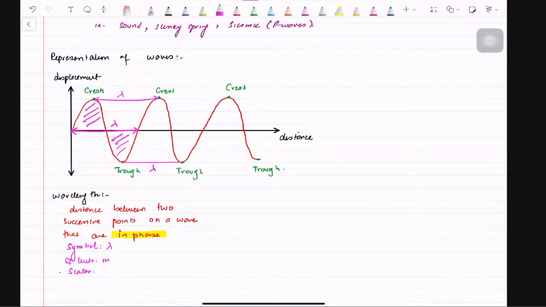Now, the other thing we can find is the amplitude, and the amplitude is the maximum displacement of a wave.